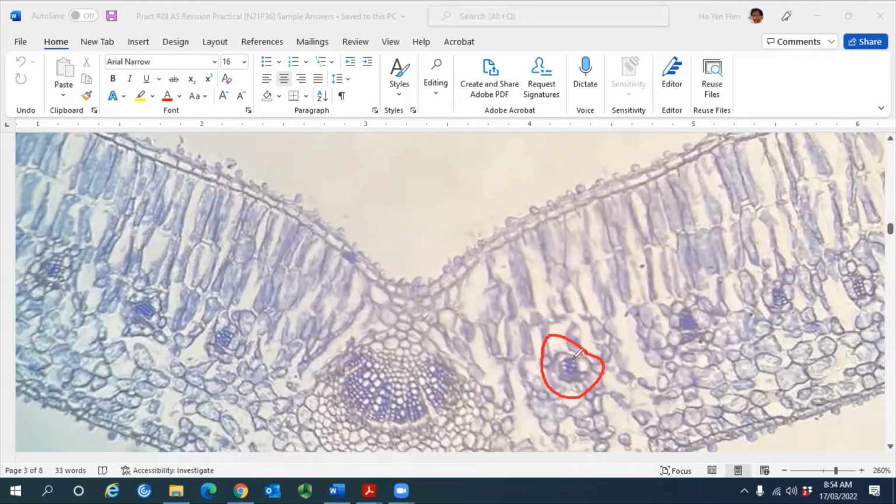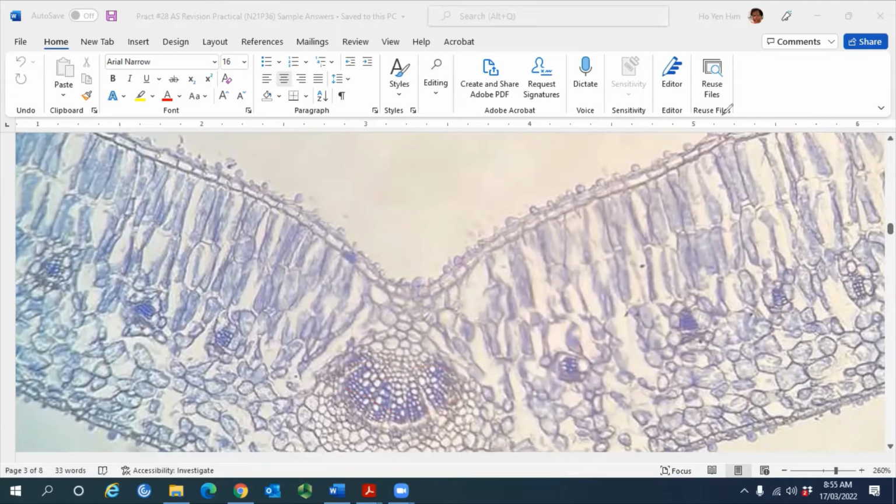If you look into every single cell in the xylem here, all of them have the same size. You cannot get your answer from here. The only place you can get your answer, according to what the question wants, is only this region, because this region has big cells and small cells in the xylem. So you have to come here to draw.